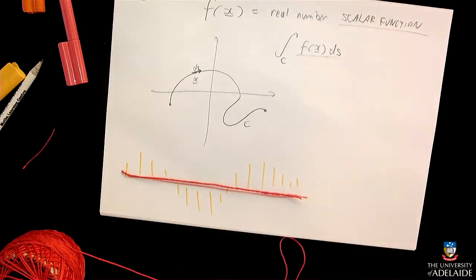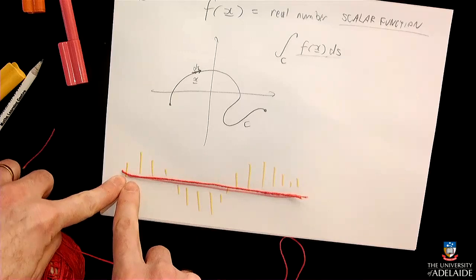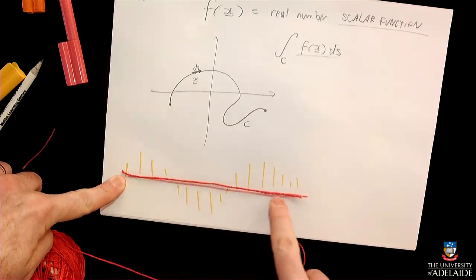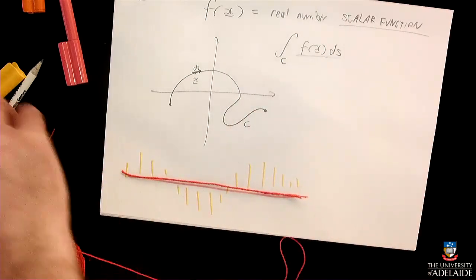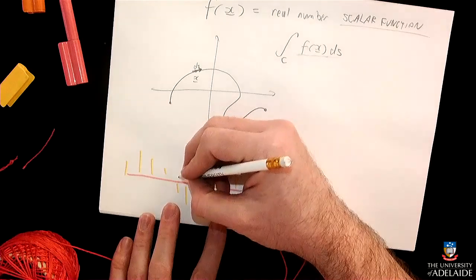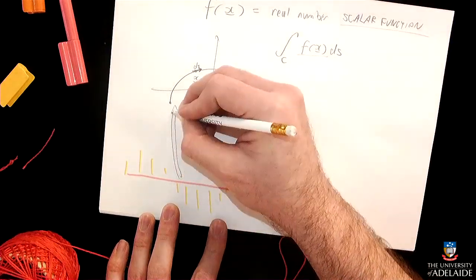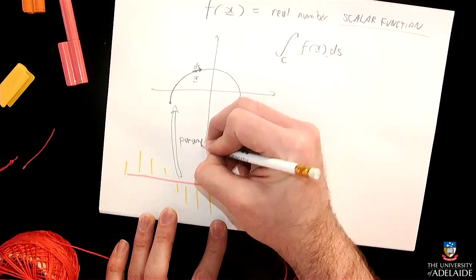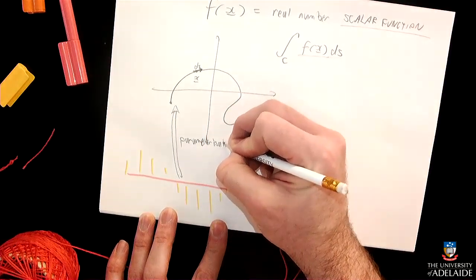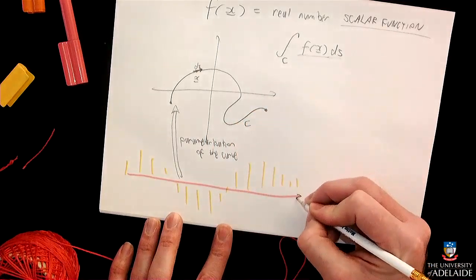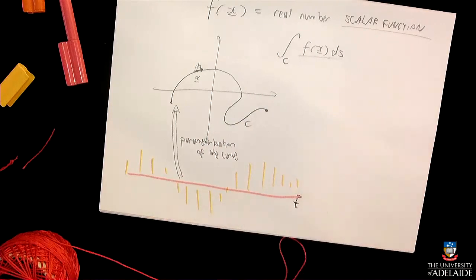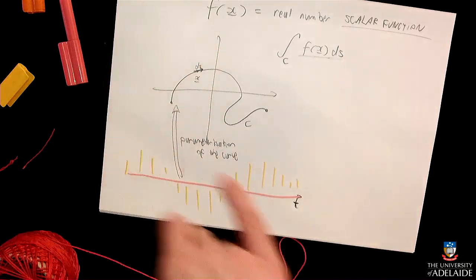And so what we're going to need is some variable that keeps track of where I'm up to on this line. That's called parameterization. There is a function that goes from here to there, traditionally called t, because we imagine that the point is moving and the t is time.